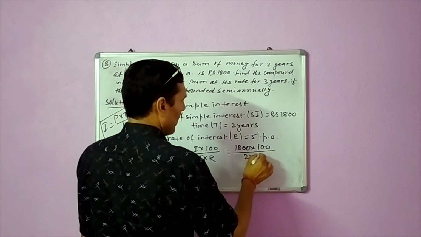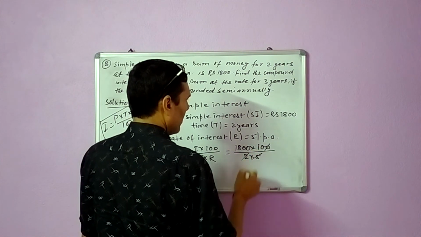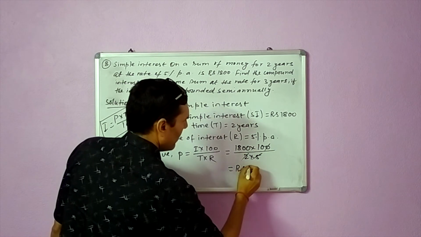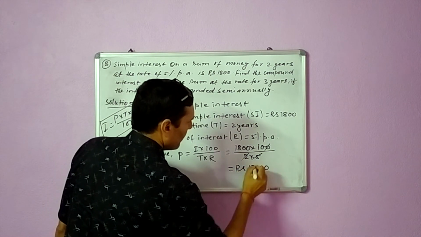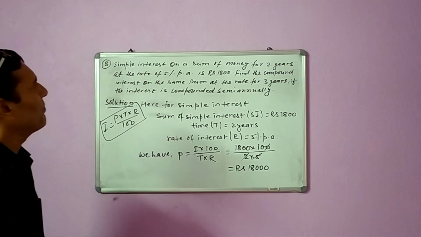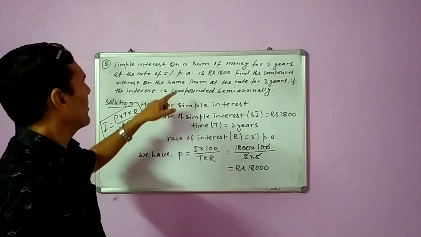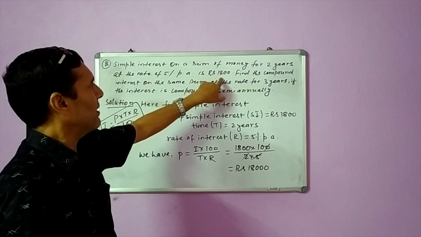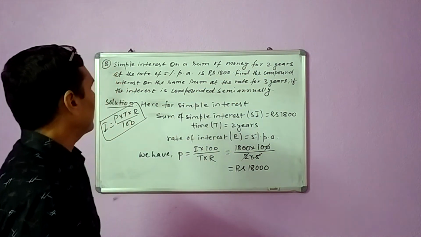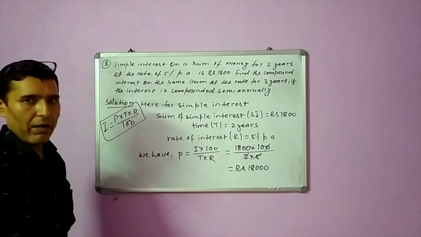So 5 twos are 10, and we get 18,000. So a sum of rupees 18,000 produces simple interest of rupees 1800 in 2 years at the rate of 5% per annum.